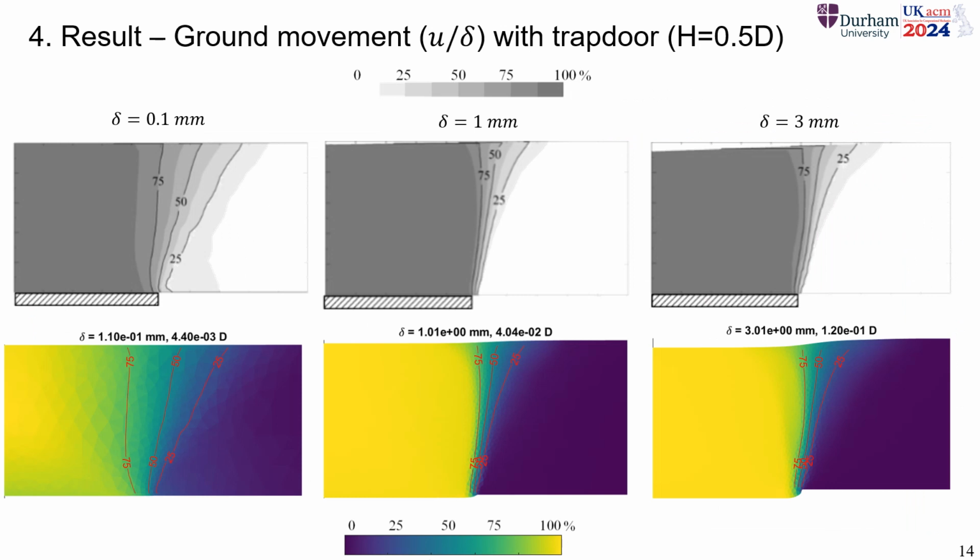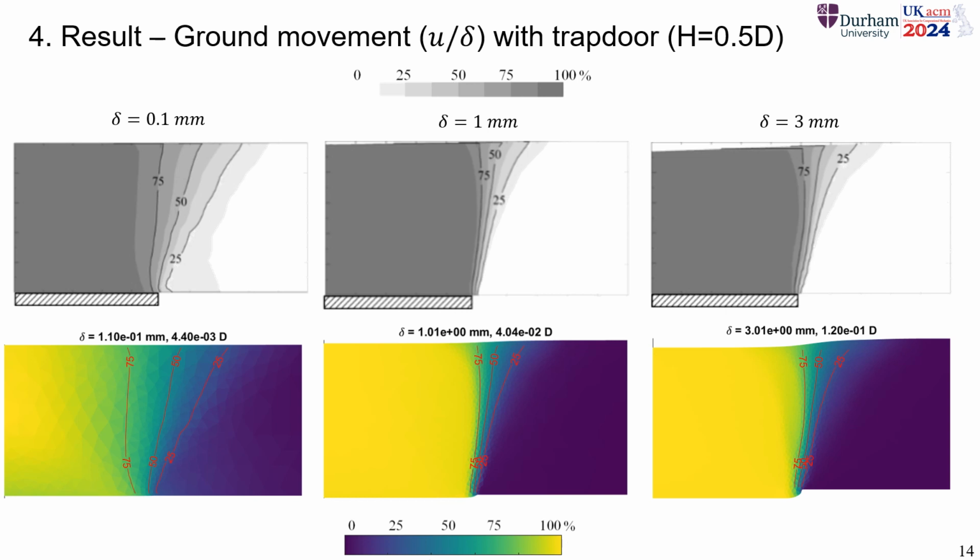And then if we measure the ground movement, so the absolute value of total ground movement divided by the trapdoor displacement, considering a shallow embedment, you have at the very beginning just the formation of this displacement map, while afterwards the displacement becomes very localized, as you also saw before with the deviatoric plastic strain.